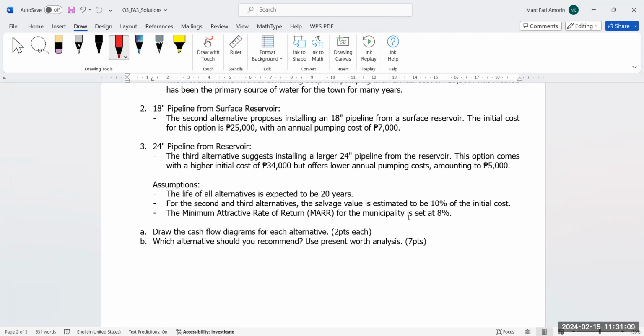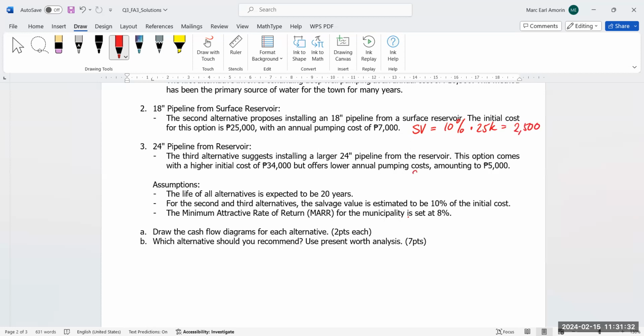And for the second and third alternatives, we are going to have a salvage value of 10% of the initial cost. So meaning, for alternative 2, the salvage or market value is equal to 10% of 25K. So this is 2,500 pesos.